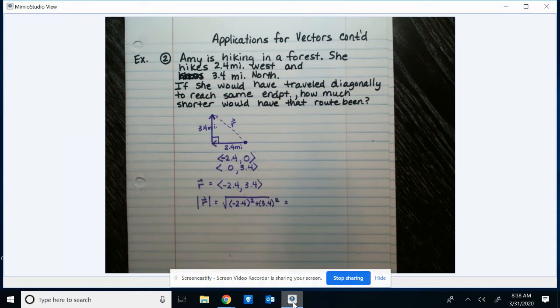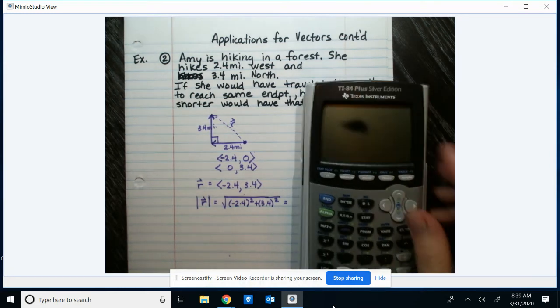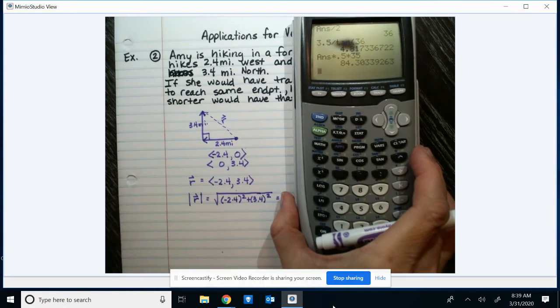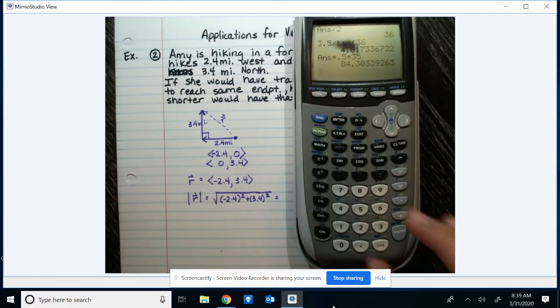Okay, so let's grab a calculator and take the square root of those values.